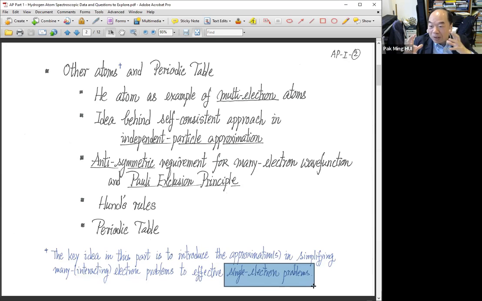We still keep this feature of a single electron problem all the way throughout the periodic table. We will discuss how we could do it and whether it is working. The answer to the latter question is that yes, it is working.